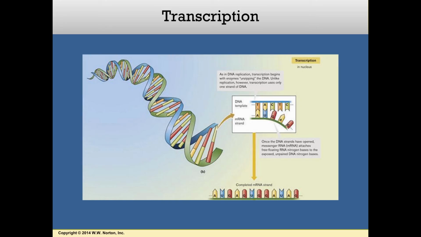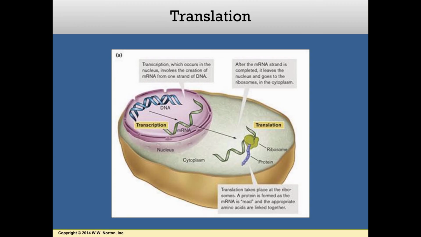As is shown here, if a gene has a sequence of TACTC, the messenger RNA molecule will be AUGAG, and so on. Once the gene is fully transcribed, the messenger RNA molecule leaves the nucleus and finds ribosomes in the cytoplasm of the cell. Once messenger RNA binds to a ribosome, translation of the code into amino acids can begin.